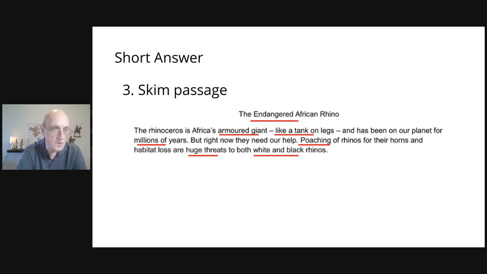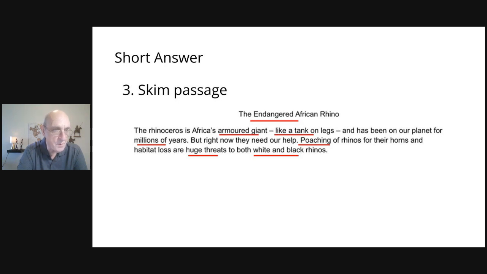So you're going to use your keyword strategy. When you skim, you're going to read every word as quickly as possible, not for understanding, not to remember everything, but to underline the keywords that will help you identify the key information to answer the questions. And then each time following that you go through the passage, you're only scanning.